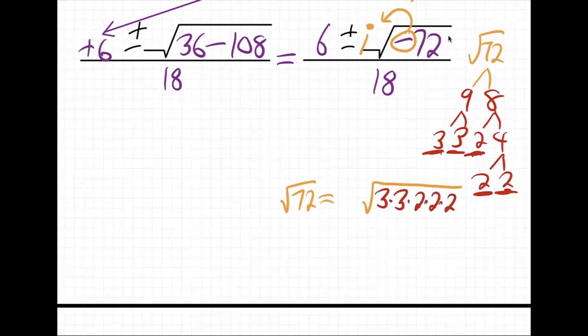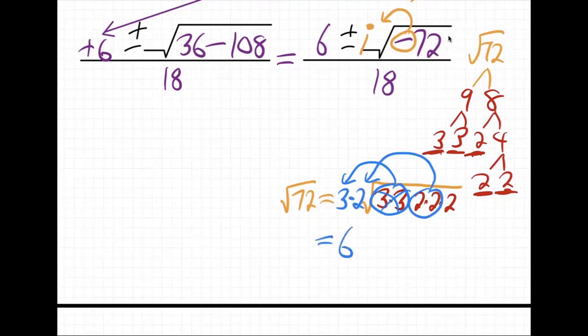Now remember what square roots do? They're 2-for-1 deals. Two 3s inside sends one 3 out, and two 2s inside sends one 2 out, and they multiply on the outside just like they're multiplying on the inside. So 3 times 2 is 6, and what's left on the inside? Only that leftover 2. 6 root 2. So the square root of 72 is 6 root 2.